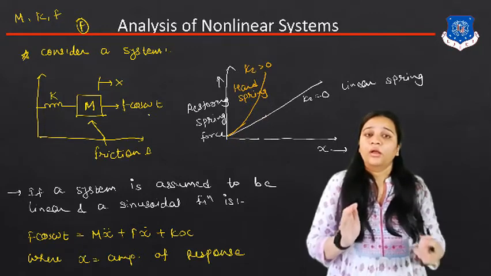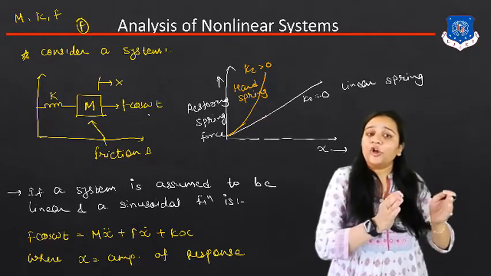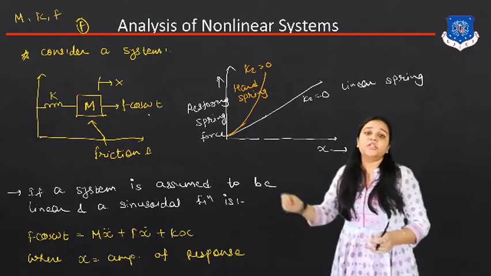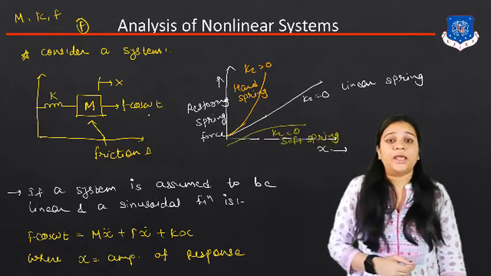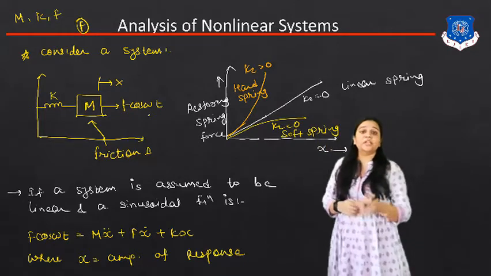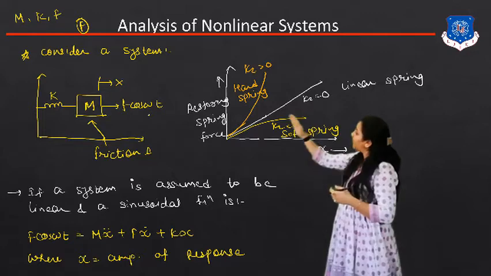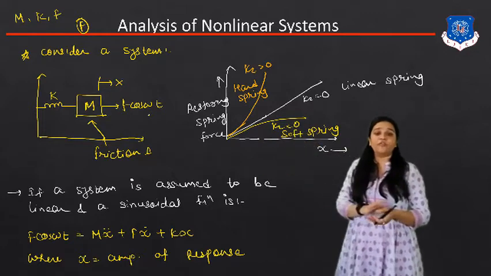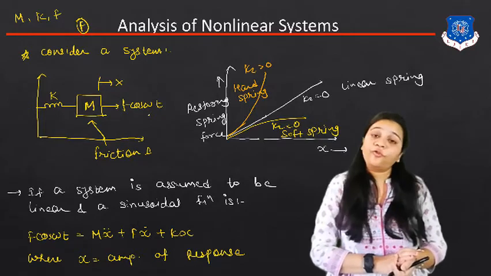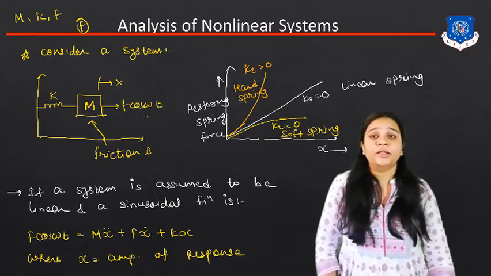If K2 is greater than 0, this type of spring is known as a hard spring, and if K2 is less than 0, it is a soft spring. So in a non-linear system, we derive different values of K depending upon the system parameters, and we find the system linearity.